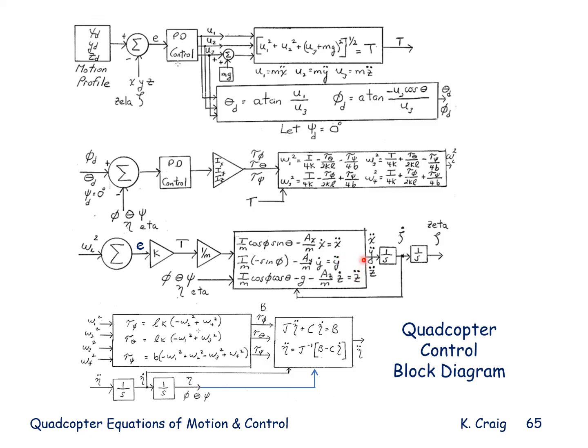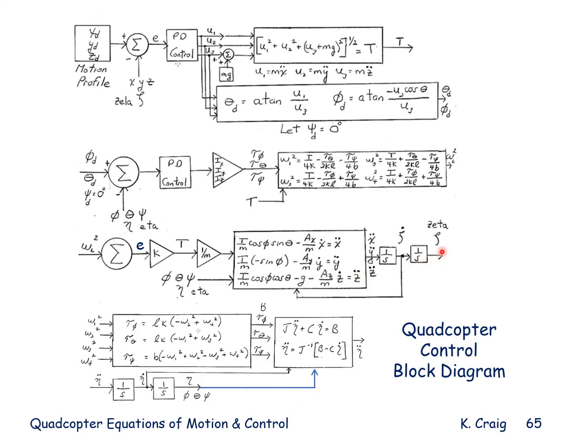These then are the outputs of this block, and they can be integrated once to get the linear velocity, eta dot, and integrated again to get eta. And you see that eta dot needs to be fed back into these equations in order for x double dot, y double dot, and z double dot to be solved for.